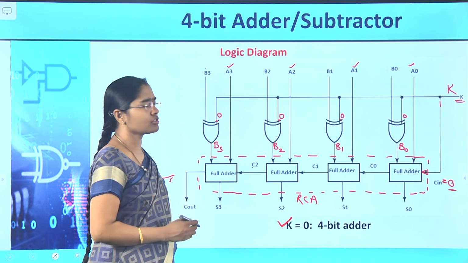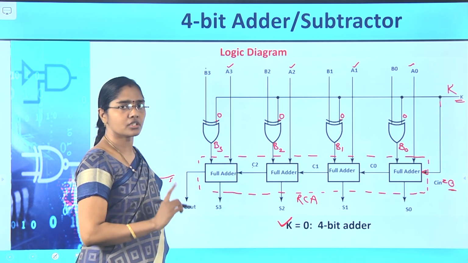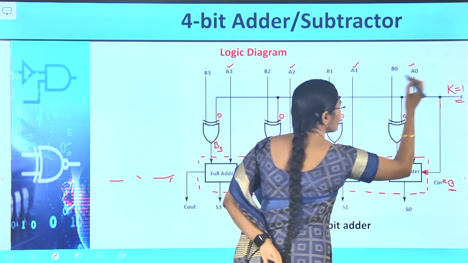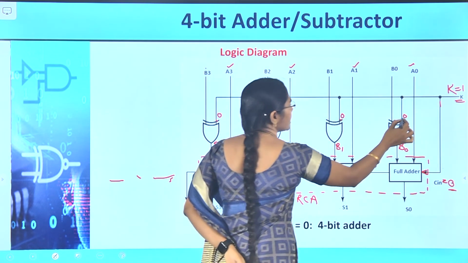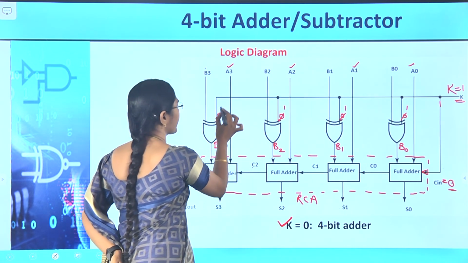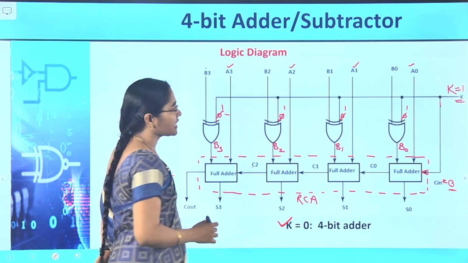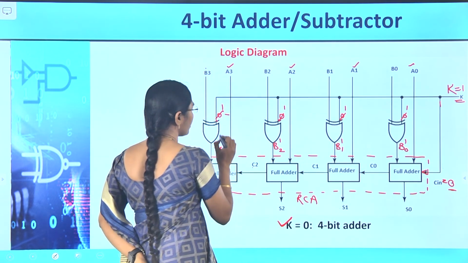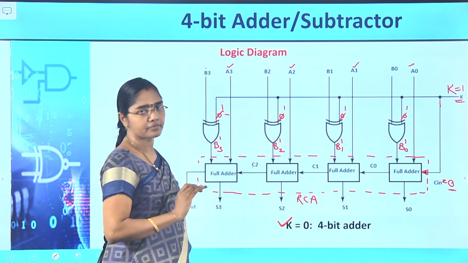Then for the subtraction operation, K should be 1. So this K becomes 1 for the subtraction operation. Now instead of 0, 1 is applied to each XOR gate. If 1 is applied, what happens to the output of the XOR gate? B0 to B3 bar will be generated.